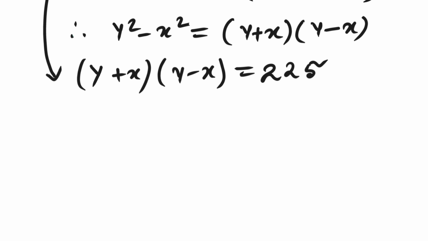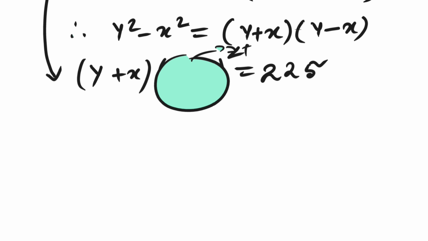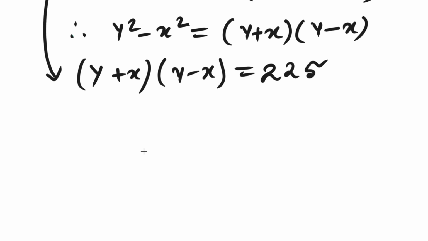In other words, y is greater than x. Because both x and y are positive integers, the quantity y plus x is a positive integer, and the quantity y minus x is also a positive integer. So now our task is simply to find all the positive factor pairs of 225.